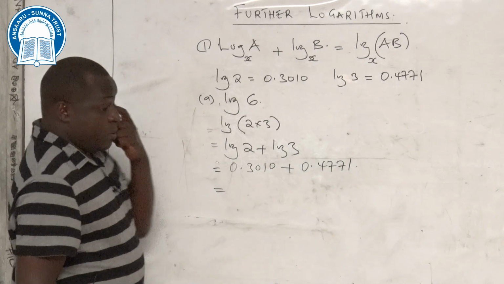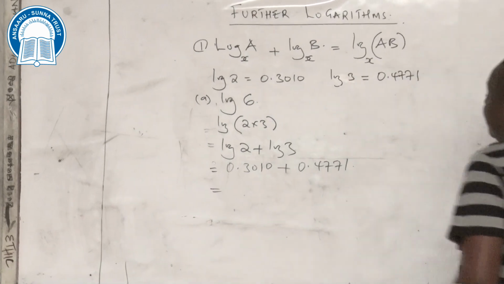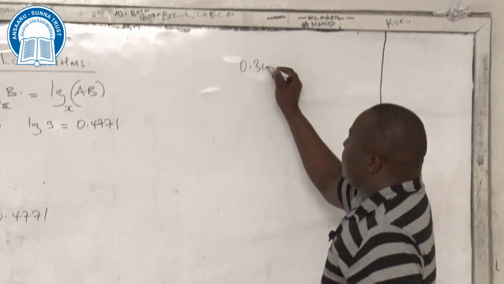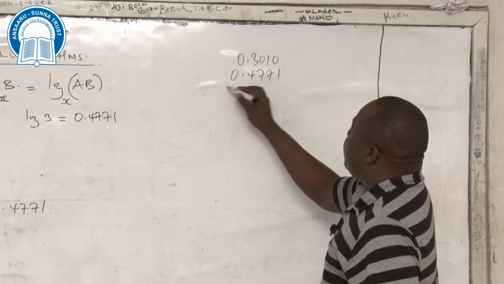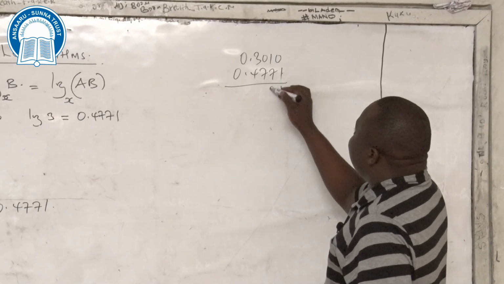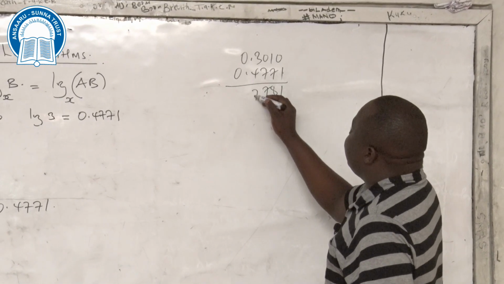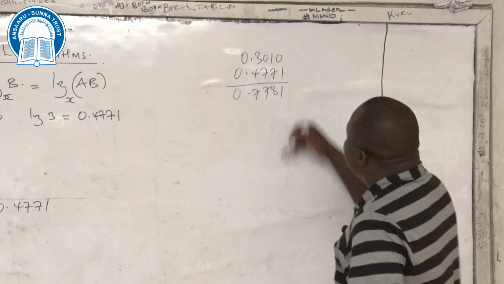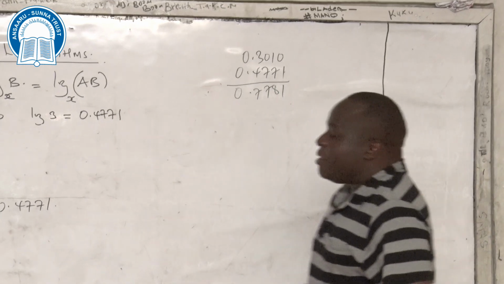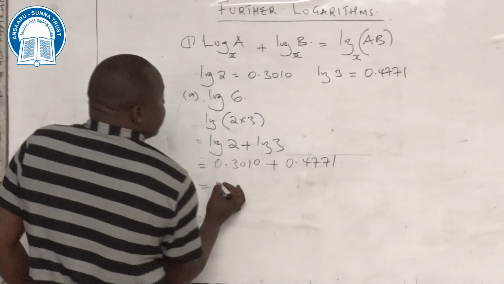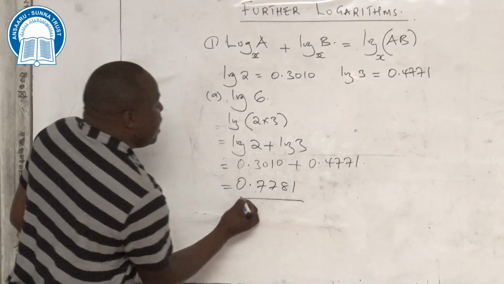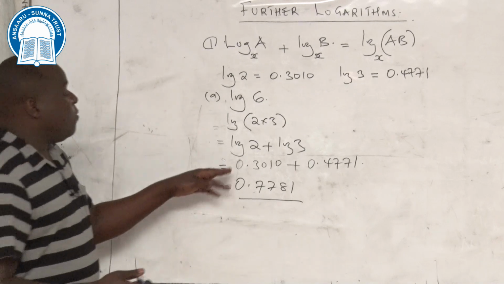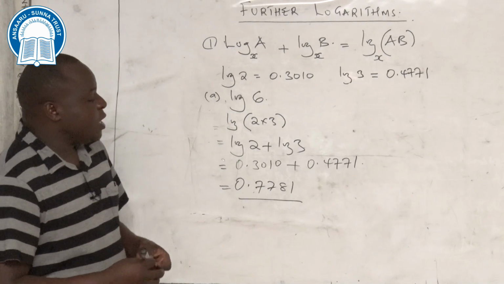Which is equal to, now adding that, 0.3010 plus 0.4771, 0.7781. I hope my addition is okay. Then the final answer should be 0.7781. That's supposed to be the value of log 6.